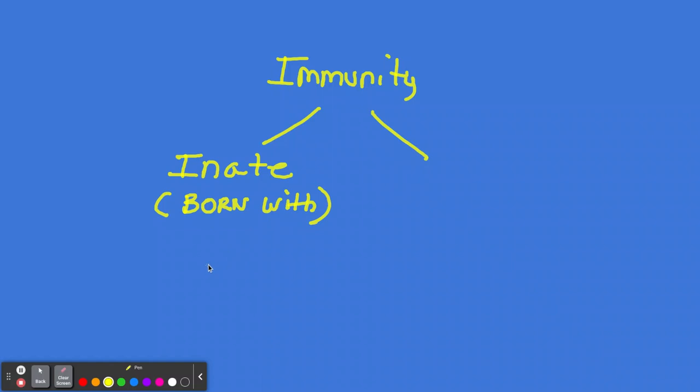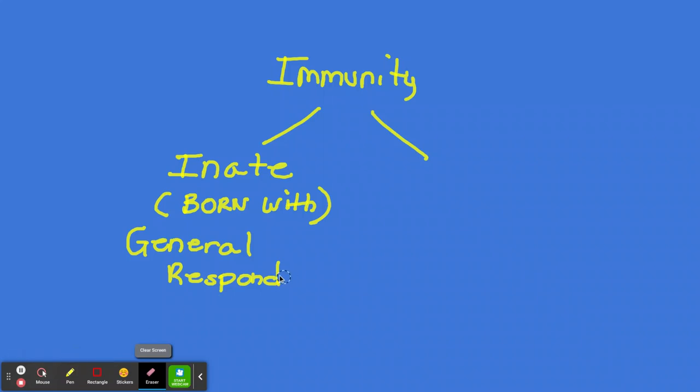So basically, any intruder that goes in your body, it's kind of a general response. Innate is a general response. It'll attack anything. The white blood cells. And there's many white blood cells. So it's a general response. Let's fix that. Get the eraser out. Fix that. There we go. General response.